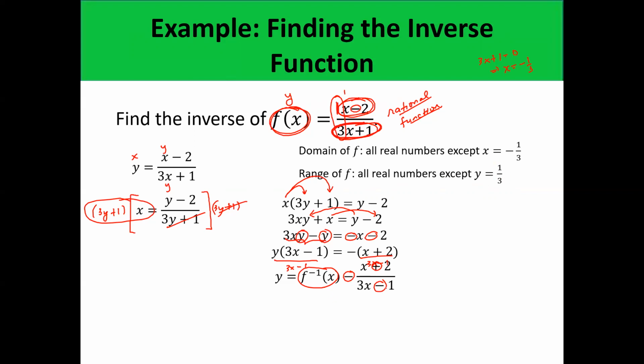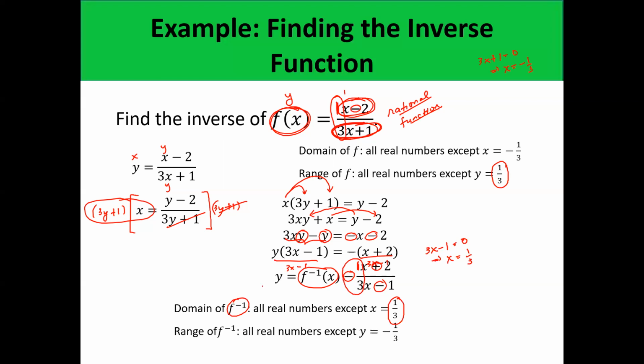Now for the inverse, to get the domain, we equate 3x - 1 to 0, and this implies that x = positive 1/3. So the domain of the inverse is the set of all real numbers except x = 1/3. Notice that this is the value in the range of the original function. For the range, we get the quotient of the leading coefficients, which is -1/3.